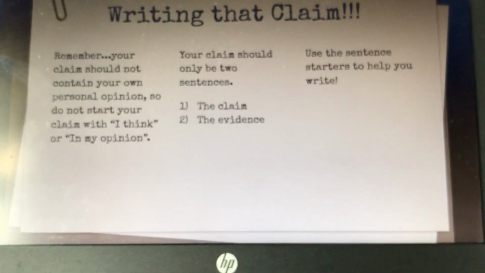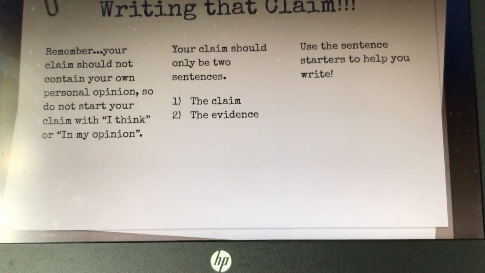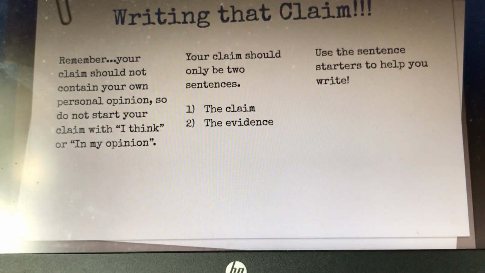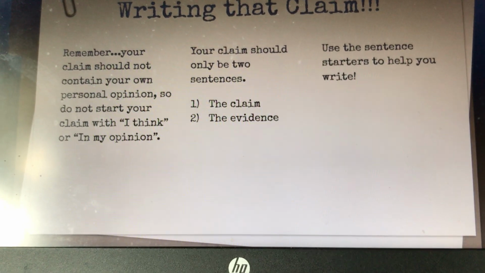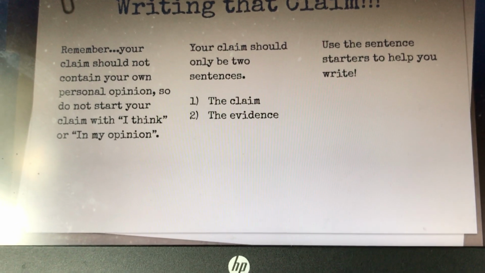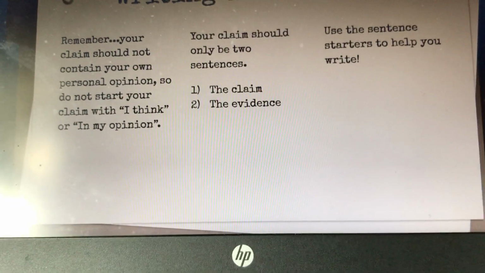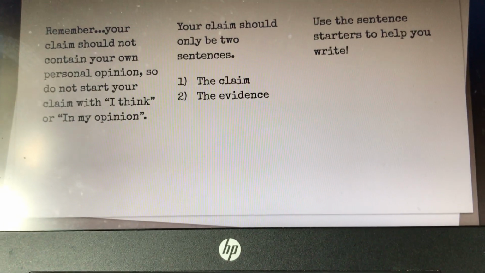So remember, your claim, you're making a historical claim that you want to say is fact, and you're going to prove it. And if you want to say something is fact, you don't want to use your opinion. Okay? So remember, your claim should not contain any personal opinion. So please don't start your sentences with, I think, or in my opinion, or I see, or when I look at the painting. Right?